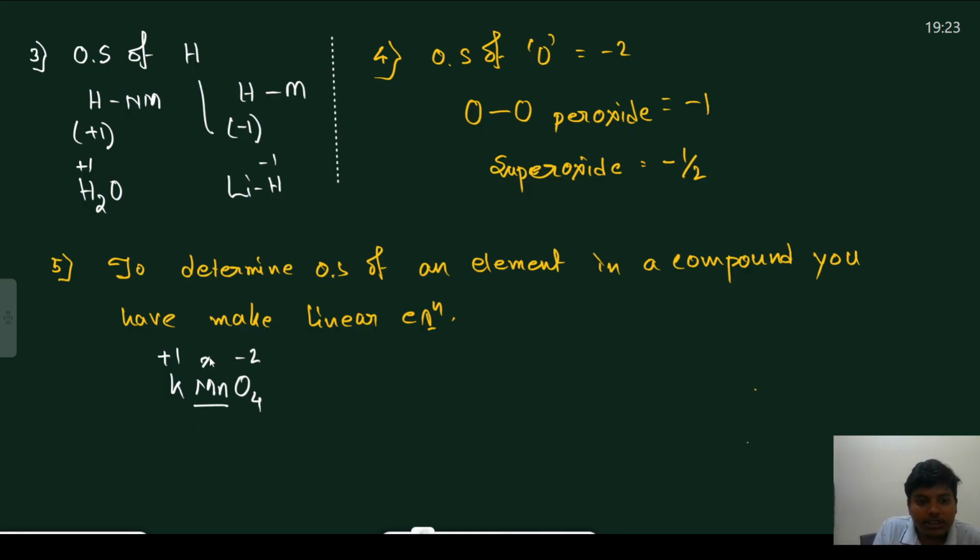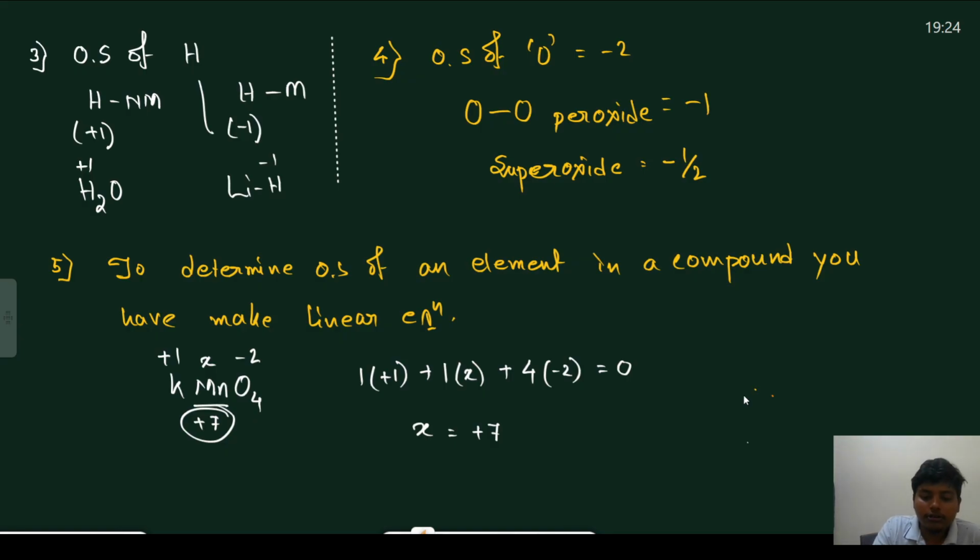Let manganese be X. One potassium, 1 into +1, plus one manganese, X, plus four oxygen, 4 into -2. Is there any charge on this molecule? No charge, so equal to 0. Solving, X will be +7. So the oxidation state of manganese in this compound is +7. Understood?